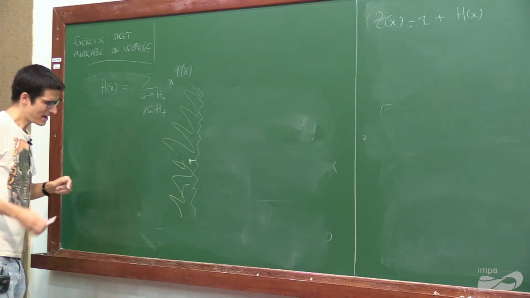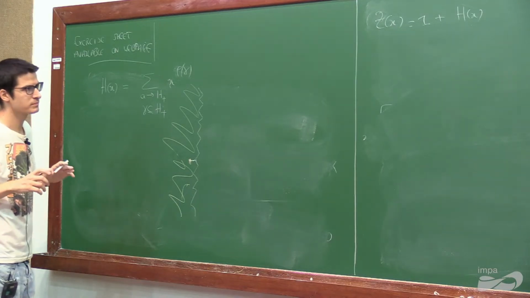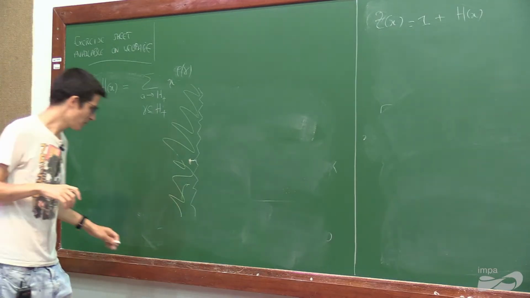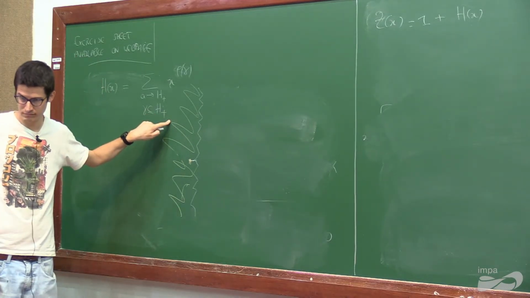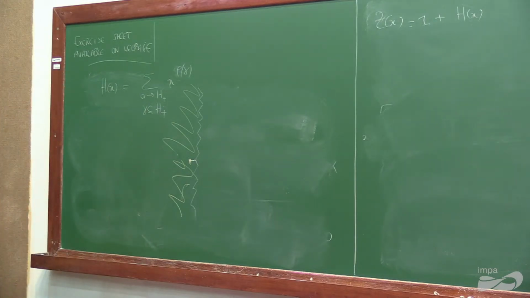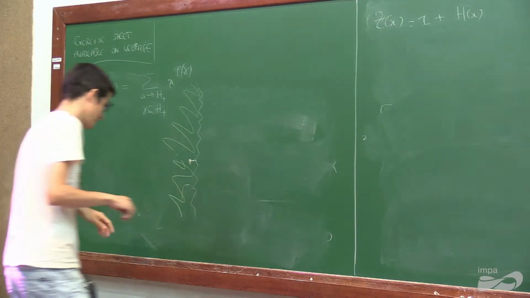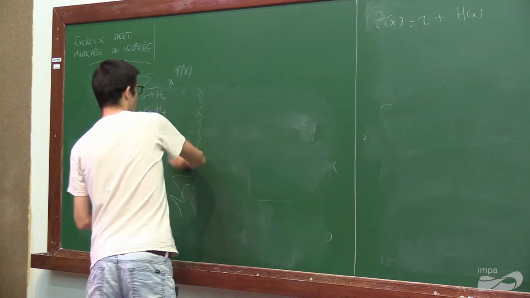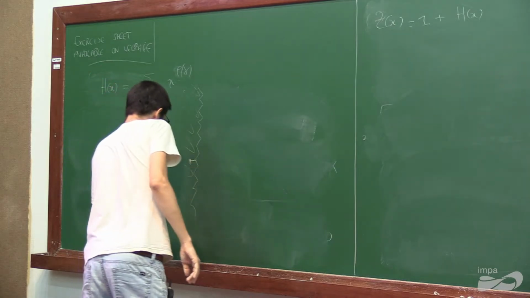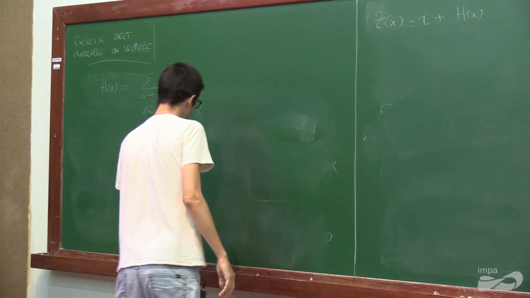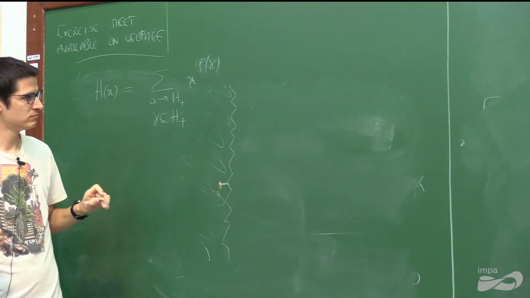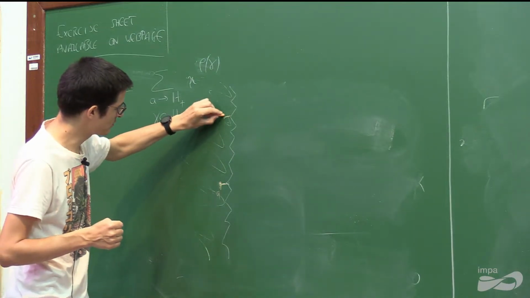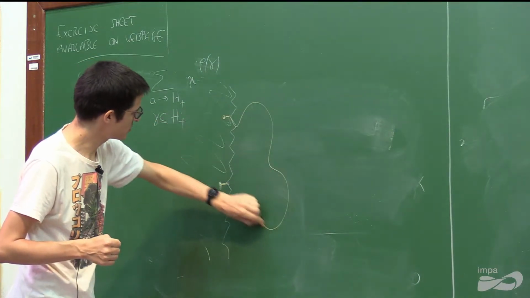And now I have also other walks. There are walks that visit this green region, and I have several cases of them, so I will see what kind of cases I have. I can have a walk that never goes strictly to the left of A. It means that it just ends up somewhere here.